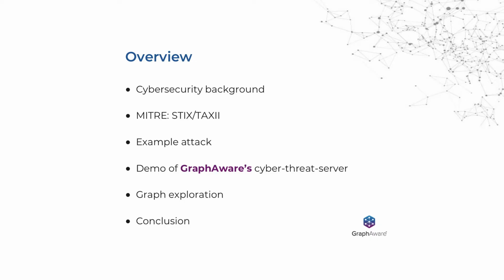So just a general overview of the presentation. I'm going to be giving some background on cybersecurity. We're then going to discuss Meter, which is a US government-backed R&D center whose mission is to advance technology. And then Meter has developed two specifications we're going to discuss, Styx and Taxi, which are rising stars in the world of cybersecurity.